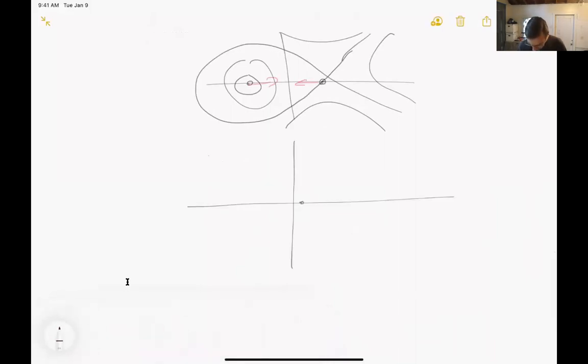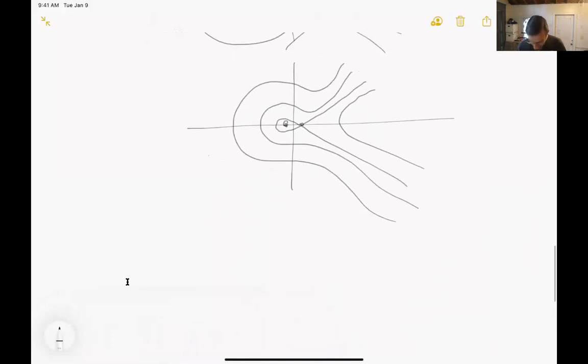Now we get those 2 points really close together, and eventually, when a goes past 0 into the negative range, decreasing a, we're just going to get no equilibrium points at all.